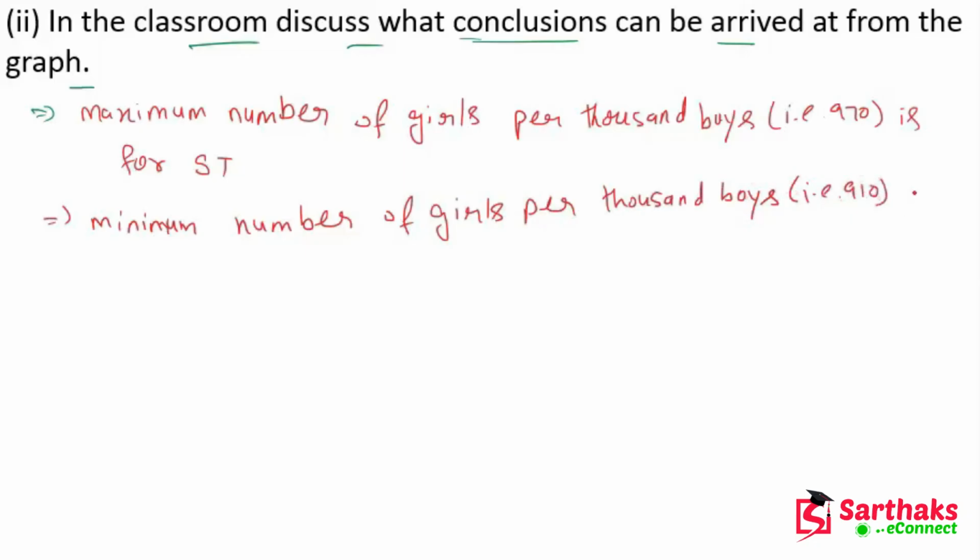This is the minimum, so it is for urban. Okay, and the number of girls per 1000 boys is greater in ST and SC than that in non-SC ST.